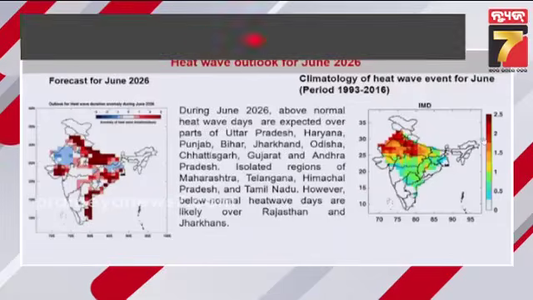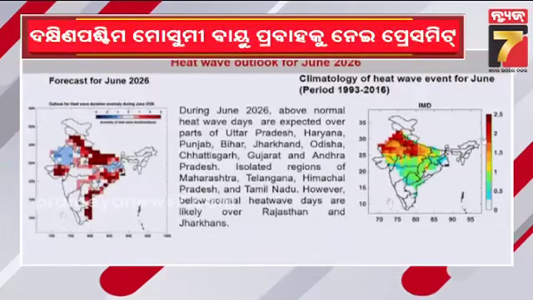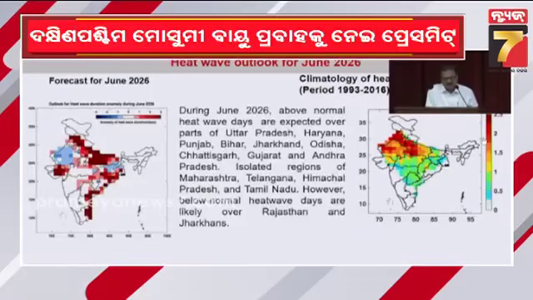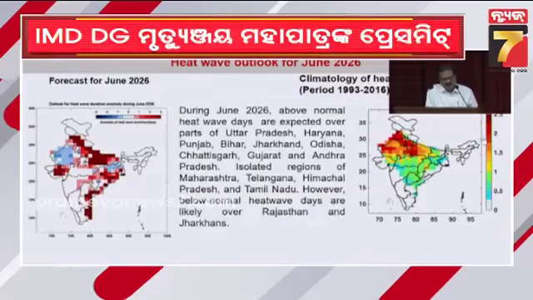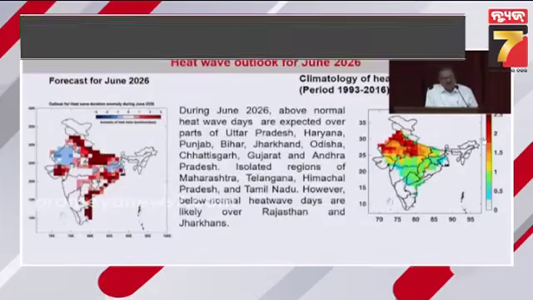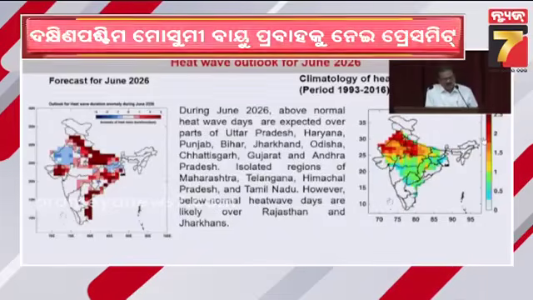And this year's forecast says that we will have about 2 to 3 days more over UP, Punjab, Haryana, and adjacent areas of Himachal, etc., and in some parts of the east coast states and Gujarat.